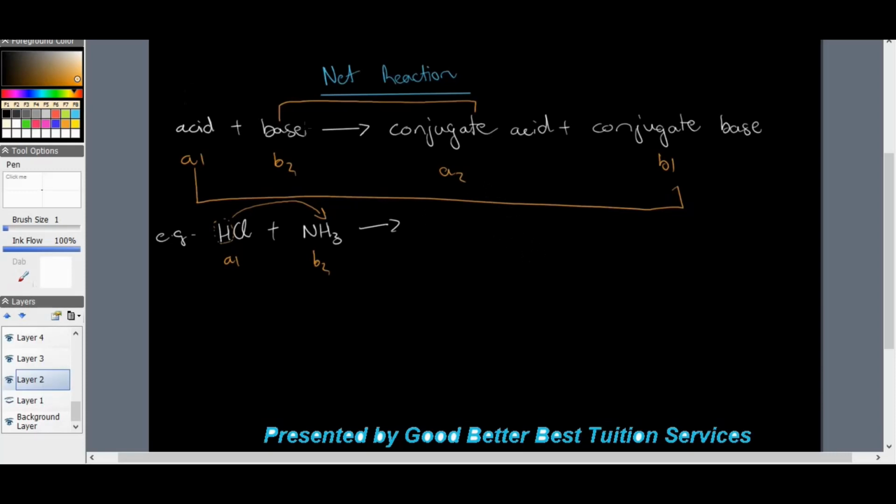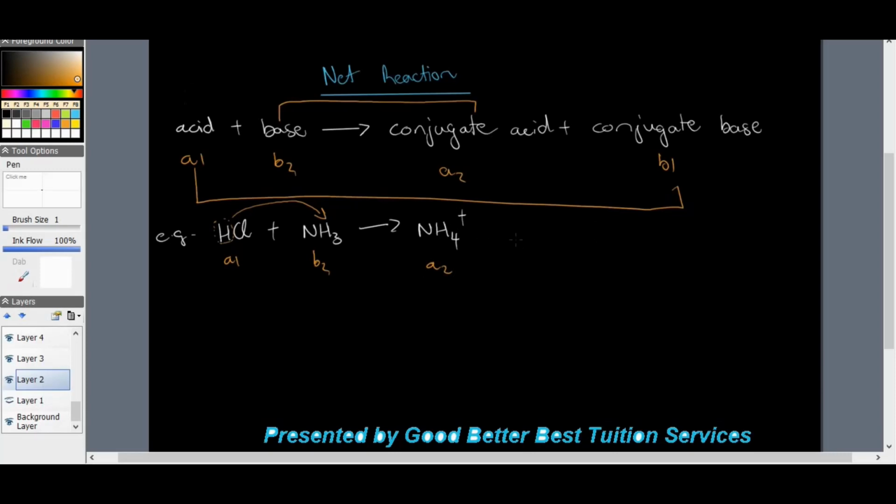So we write our first product there, which is NH4 plus, of course, because it's just accepted a proton. So I know that that's now the conjugate acid, it is A2. It's the conjugate acid that has just formed from this base. So I can go ahead and put that in there as A2.